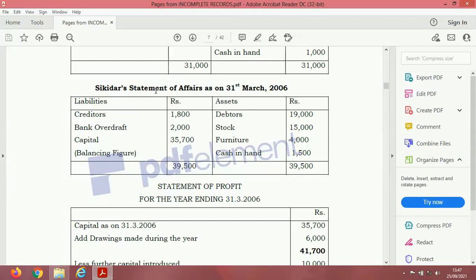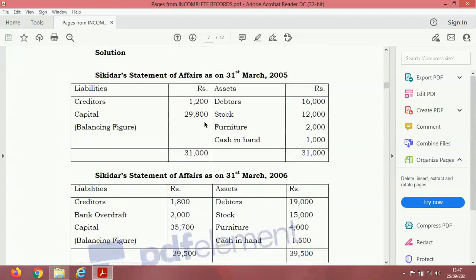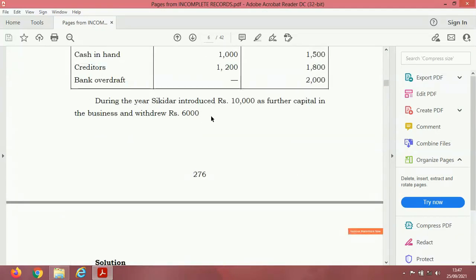In this case, we are doing a statement of affairs for the end of year, 31st March 2006. The difference is in the years. Mind about that.